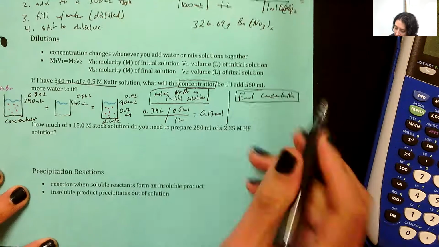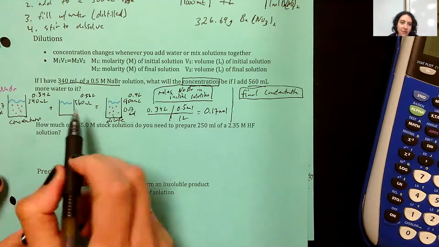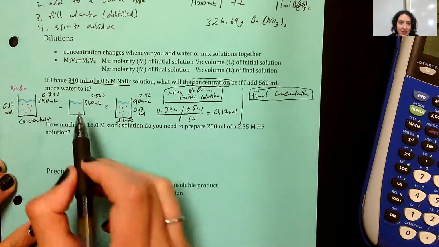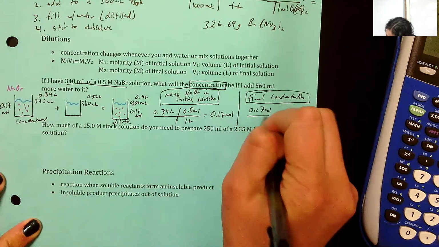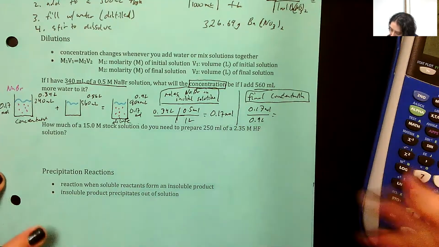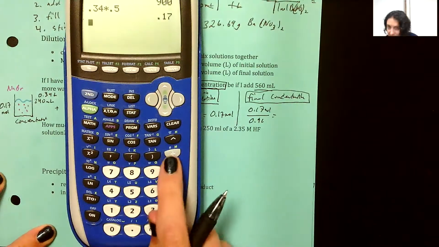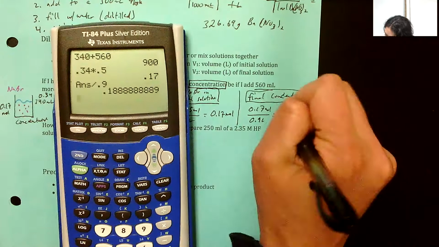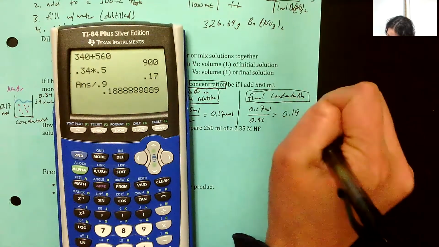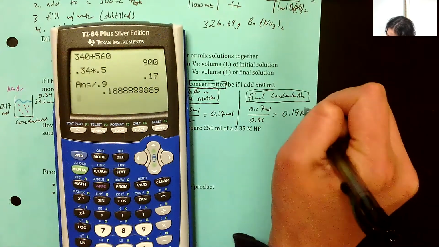We have the moles, we have the final volume. The final volume is when we added these two together. So that's going to be 0.17 moles in 0.9 liters. So really the math is pretty much the same as what we've been doing for this whole molarity section. So that's going to be 0.19 molar. That's our final answer.